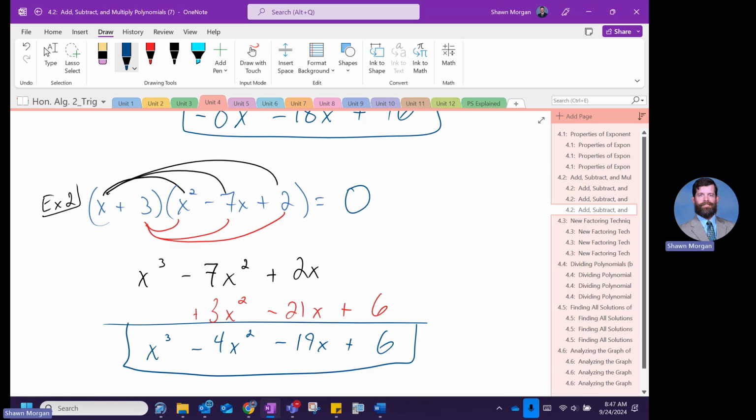We would have 1, 2, 3 solutions. And in fact, one of those solutions would be -3, and the other 2 solutions would come from this quadratic, and this quadratic doesn't factor, so you'd be forced to use the quadratic formula. You know what I'm saying? If it were an equation. Now, it's not an equation, so if ifs and buts were candies and nuts, every day would be a party.